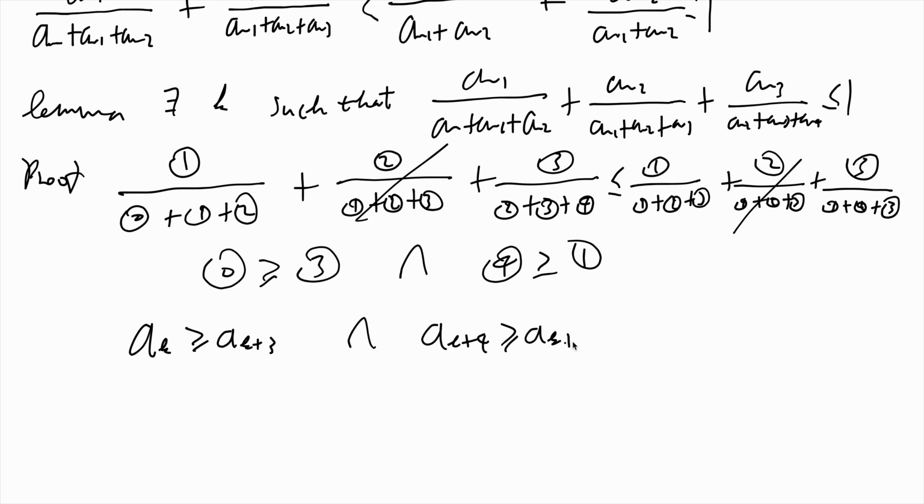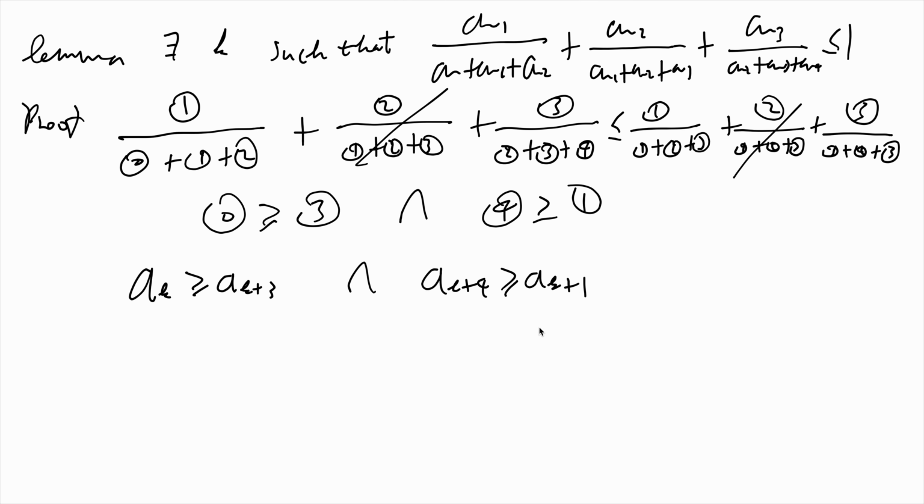A sub k plus 1, and it's quite simple from here. It's just induction, not induction, sorry, we can prove it by contradiction. So for the sake of contradiction, let's say that this is always true, meaning there's no k such that this is true.